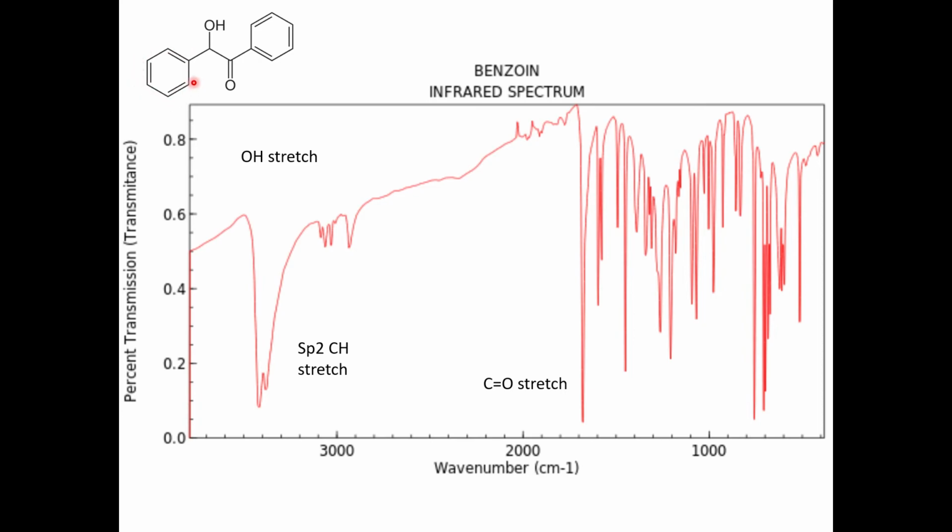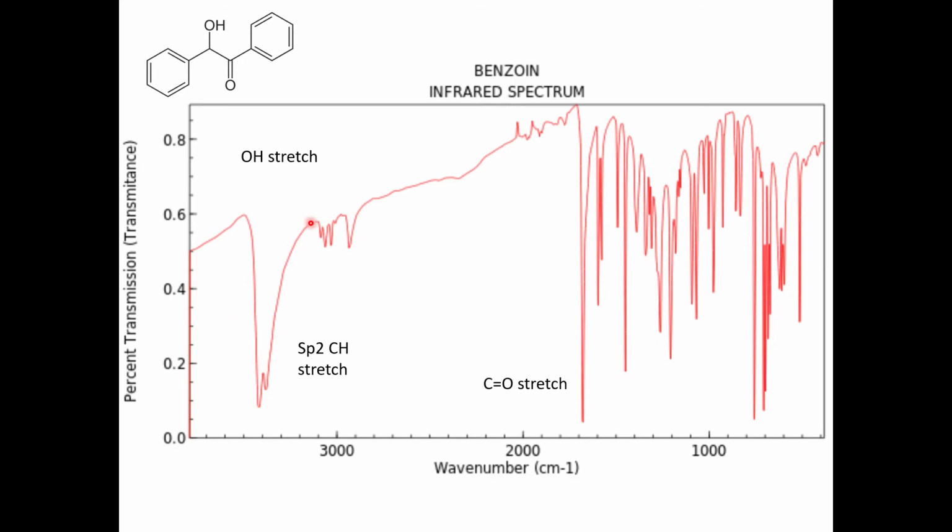For our benzene rings, we know that we have sp2 hybridized hydrogens when we have this peak over here that is above the 3000 mark. This little peak over here is indicative of an sp3 hybridized hydrogen, and this peak is actually this one right here. So alcohol stretch is really this big peak here.